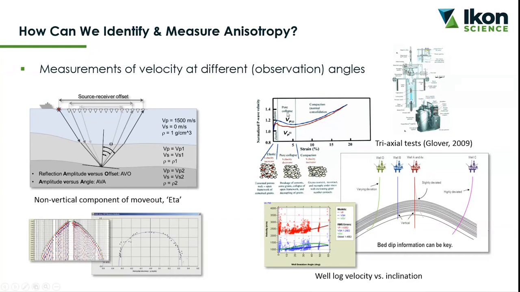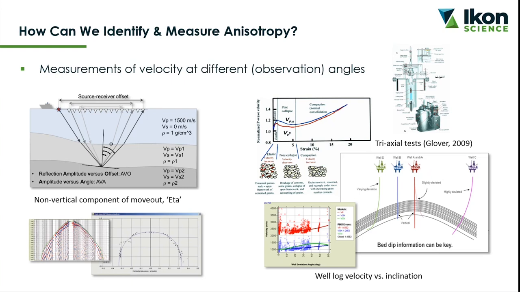And lastly, right down to the micro scale, we might have laboratory-based experiments that look at things like strain versus P-wave velocity for the different stiffnesses, and we could come up with a model that describes the degree of anisotropy for a particular sample at that particular scale.